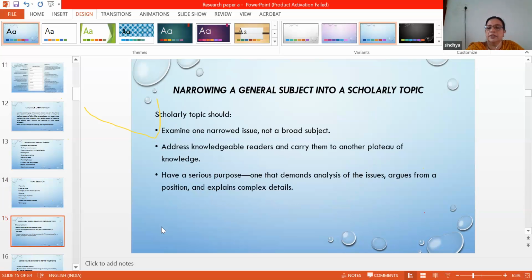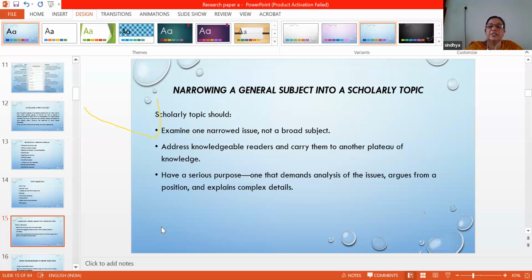And narrowing a general subject into a scholarly topic is important when taking a topic for research. So one narrow issue must be examined, and we can address knowledgeable readers, and we should have a serious purpose that demands analysis of the issues, positions, and explains complex details.